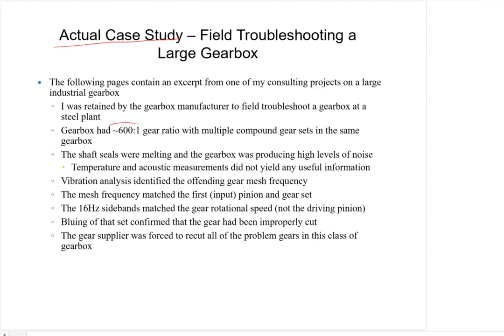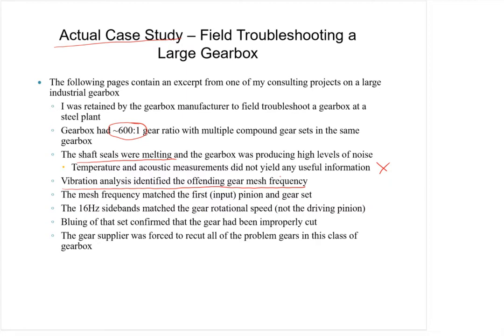This is a compound gearbox with about a 600-to-1 gear ratio, which is pretty heavy duty. And the problem was so bad that the shaft seals were melting. There were high levels of noise, so high temperatures, high noise. But of course, temperature and acoustic measurements didn't do anything useful. However, a dynamic analysis of the vibration did identify the offending gear mesh.